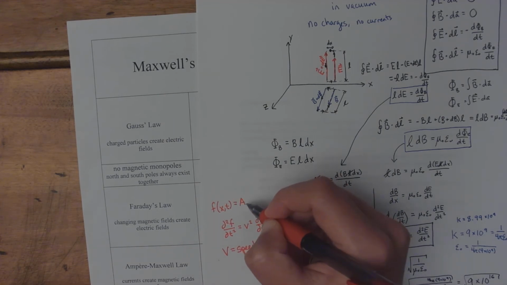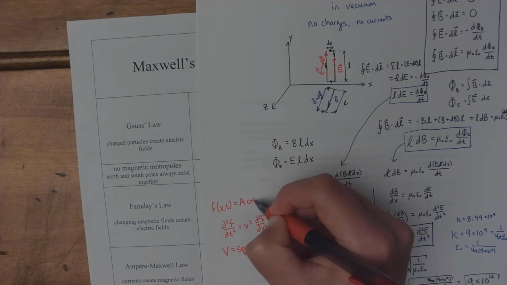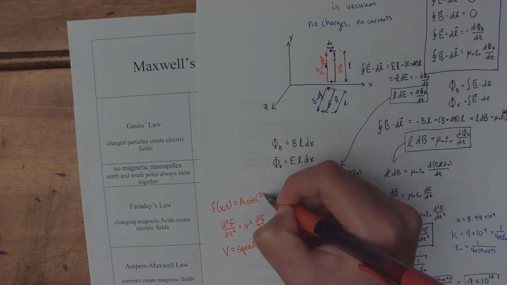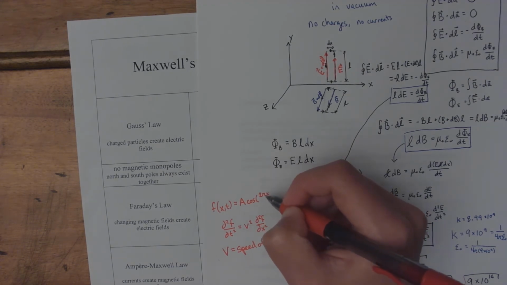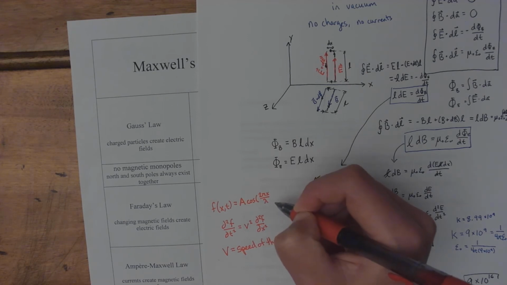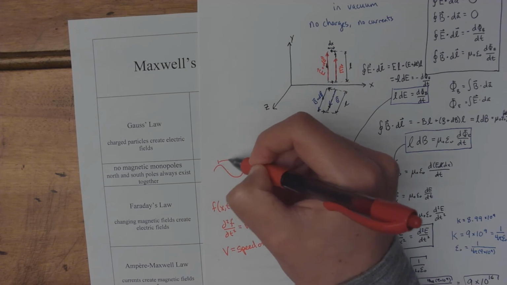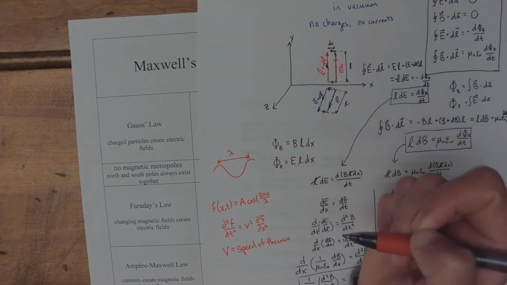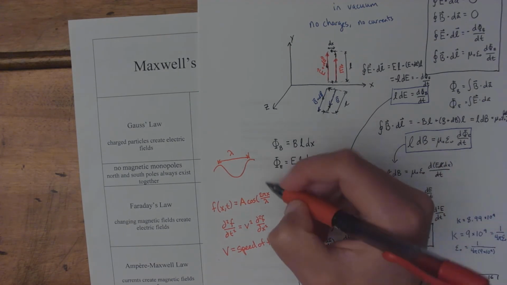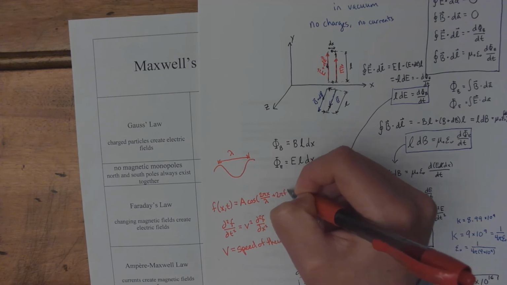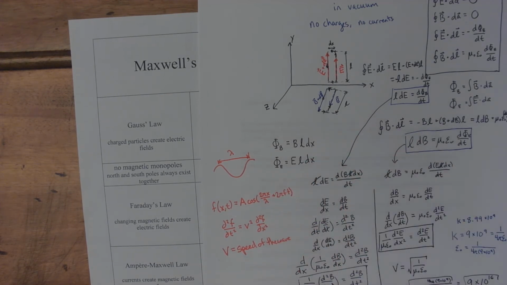A is the amplitude of the wave, and then we have the cosine of 2 pi x over the wavelength. For our general wave here, if you go from peak to peak, that distance would be the wavelength, plus 2 pi f t, where f is the frequency. It has units of hertz, which is 1 per second.